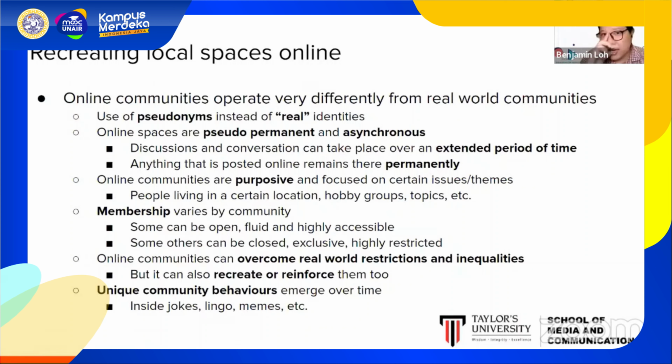Another thing to understand is that online spaces are what we call pseudo-permanent and asynchronous. Pseudo-permanent in the sense that whatever is posted online will pretty much be there permanently. And when I say permanently, I don't mean that if you search for it later on, it will still be there. But sometimes, if you see a celebrity post a tweet that says something very bad, and then they delete it later on, somebody out there will always screenshot those images.